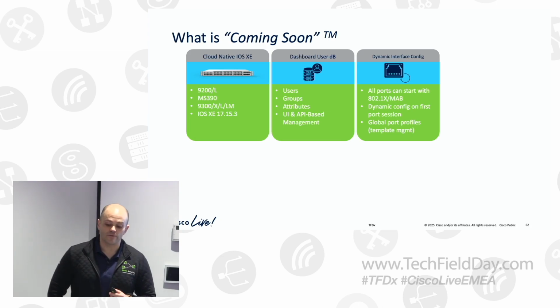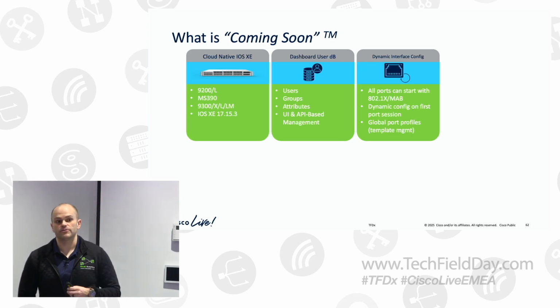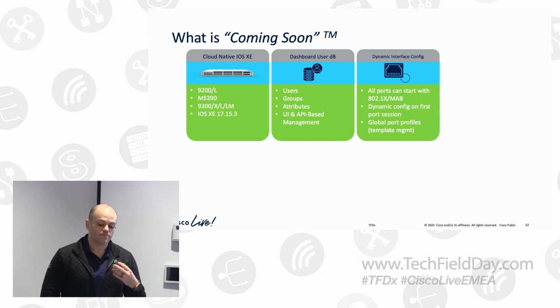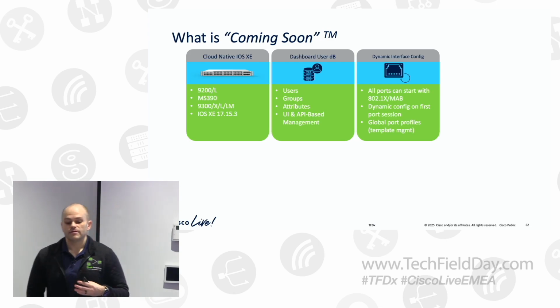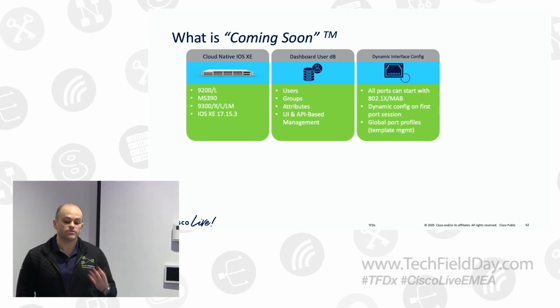I mentioned this earlier, but we've been working on a lot of things to dynamically change interface configurations. For small things, you could match CDP or LLDP data and automate a port, but that's not necessarily secure in any way, shape, or form. So we're also using things like .1x or MAB to change a port config.